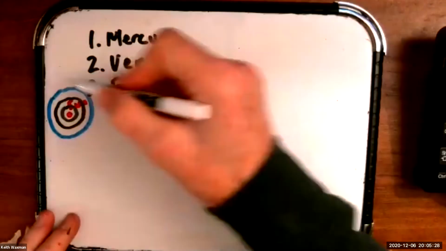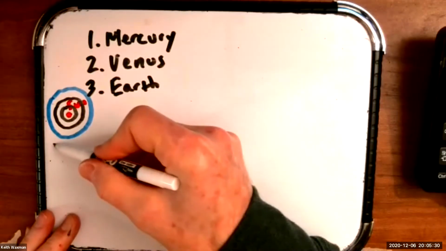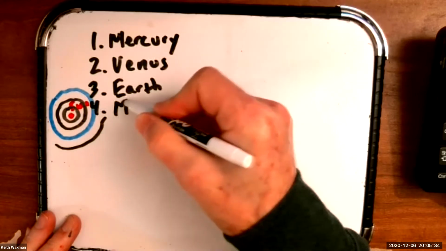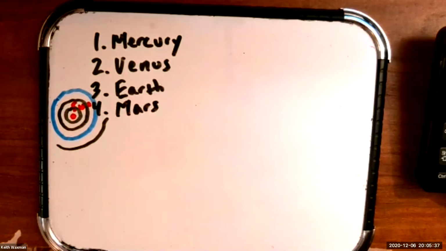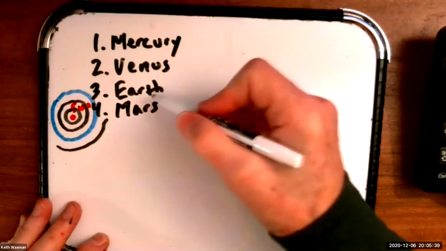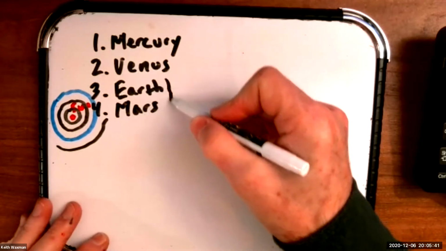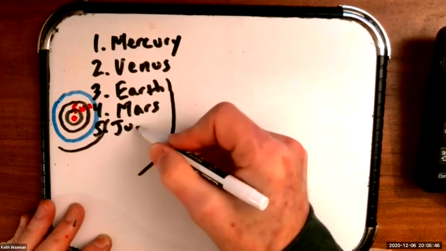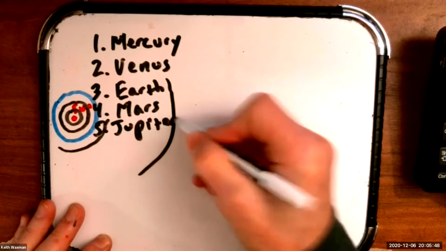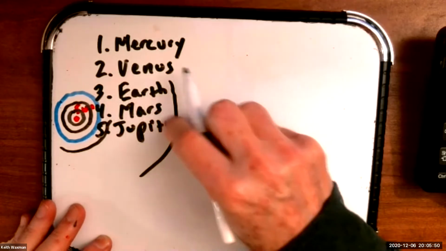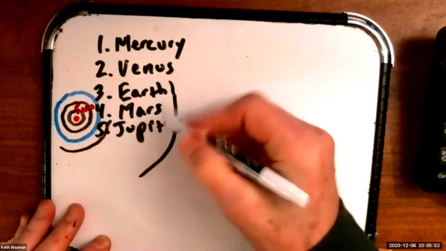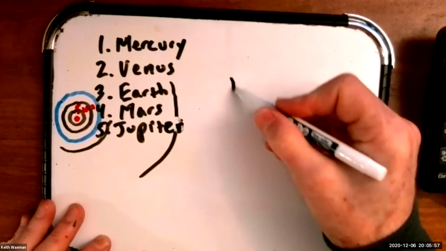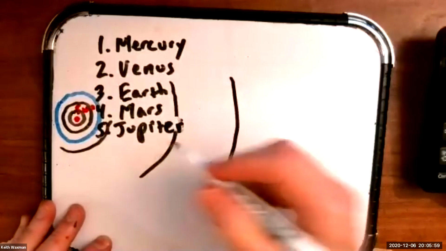Then the next one, I'll just show part of its orbit here because I'm kind of running out of space. So number 4, Mars. And then, let me put one over here. Here would be kind of part of its orbit. Number 5, Jupiter. Jupiter, let me write that so you can see that. And then we have part of its orbit there, should be going all the way around.